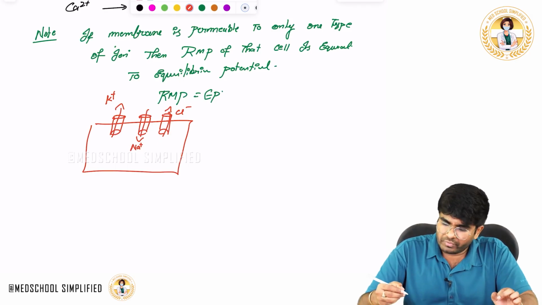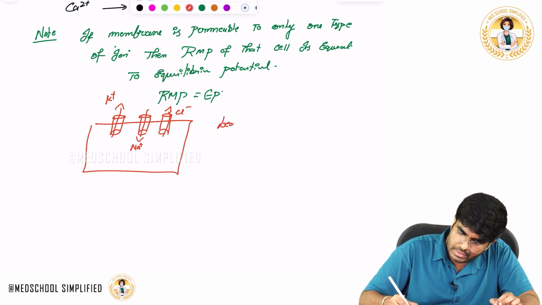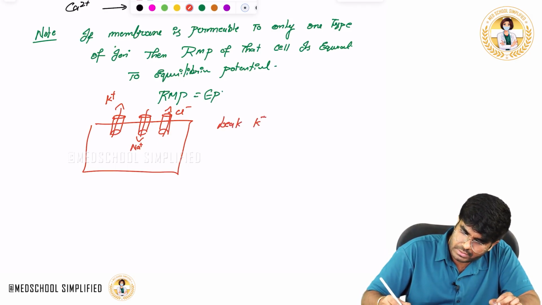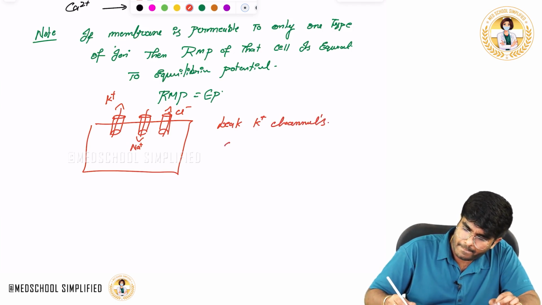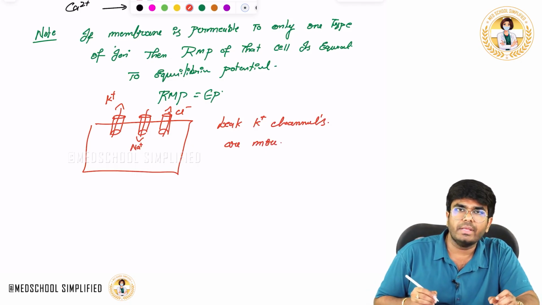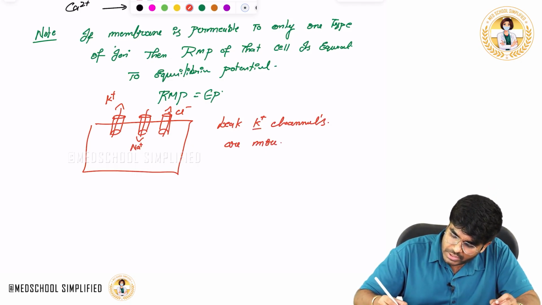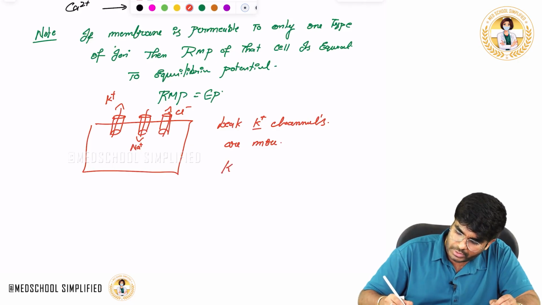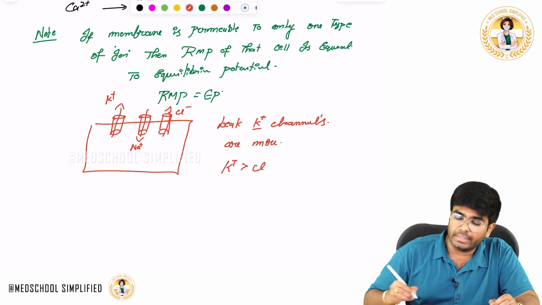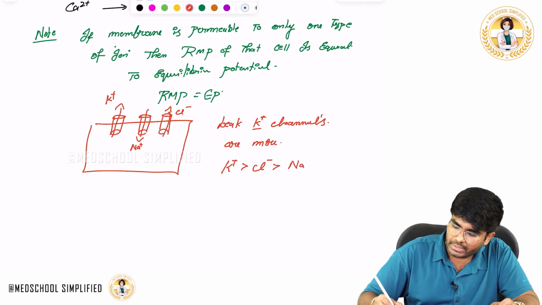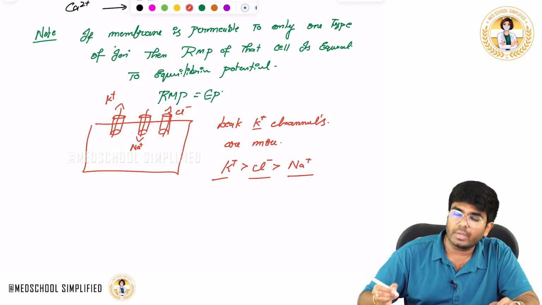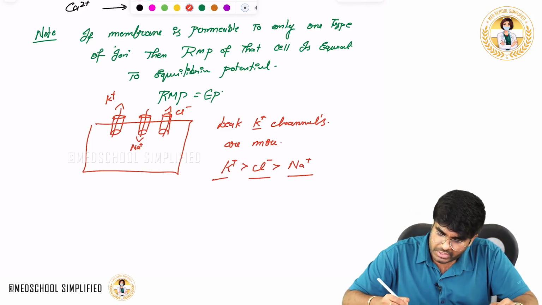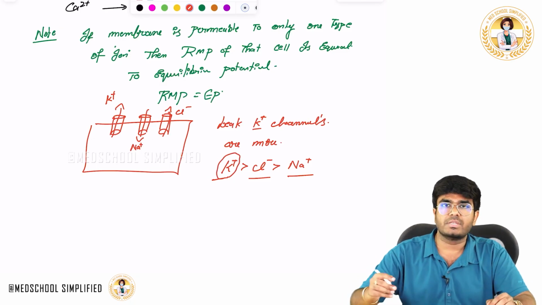One point which I want you to know is the leaky potassium channels are more in number, means it is more powerful. So leaky potassium channels are greater than leaky chloride channels, and leaky chloride channels are greater than leaky sodium channels.